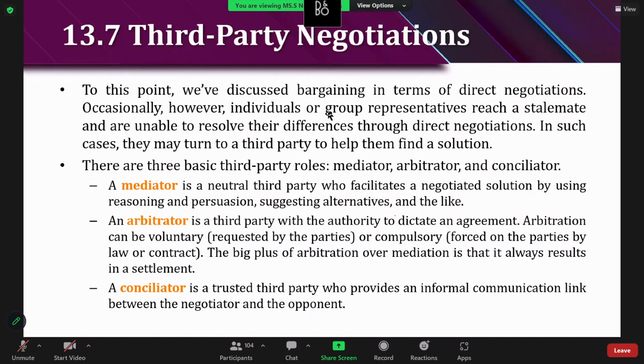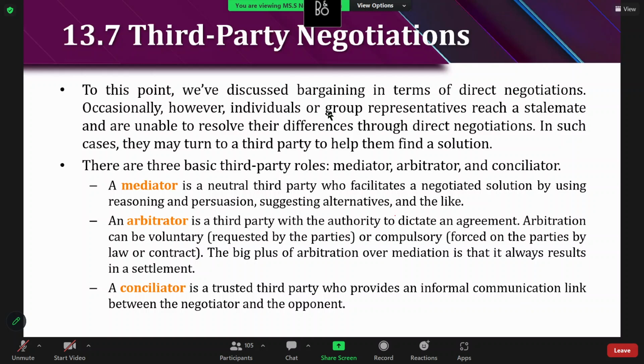And the second one, the arbitrator, is a third party with the authority to dictate an agreement. So a mediator doesn't have any authority to implement or to come up with a solution or a settlement. But an arbitrator is a third party who will have a certain amount of authority.